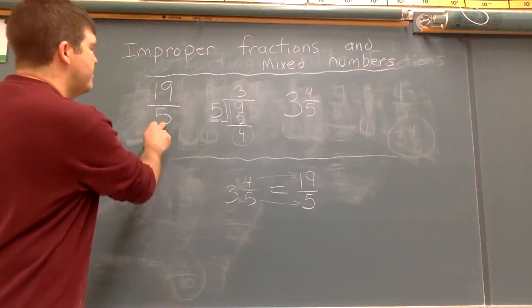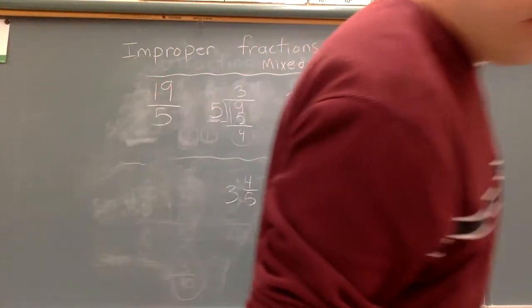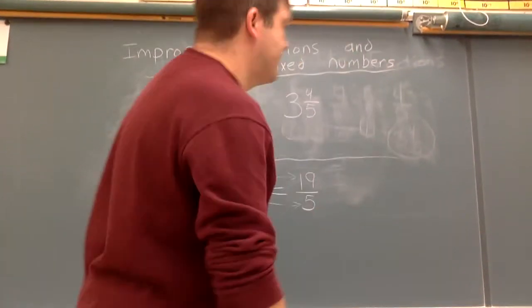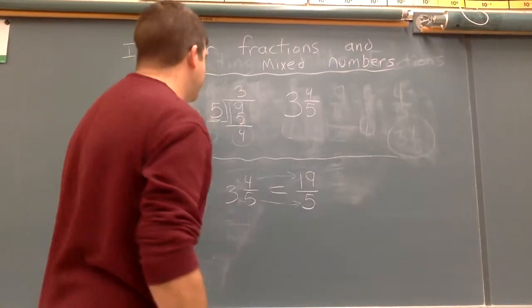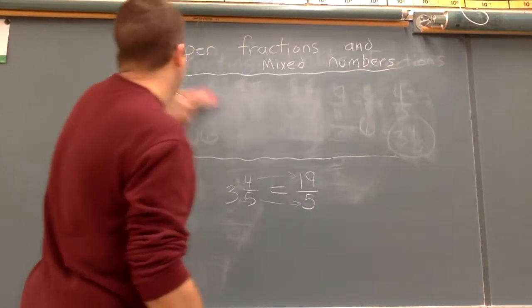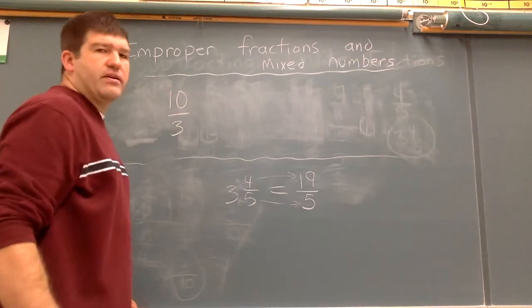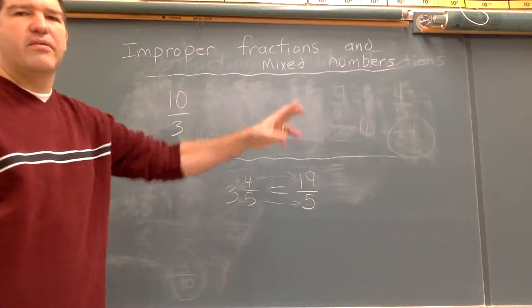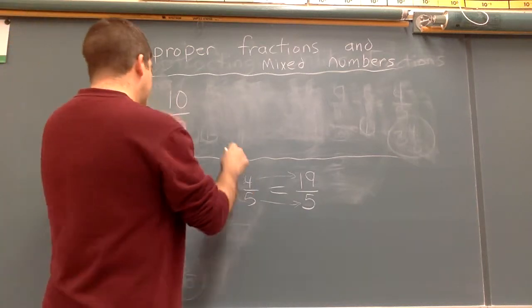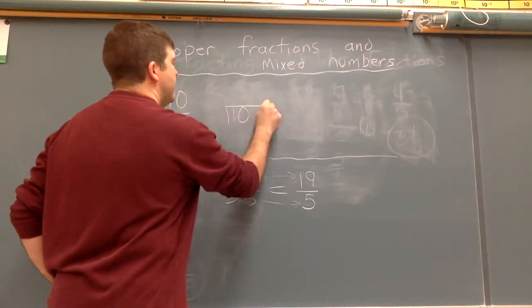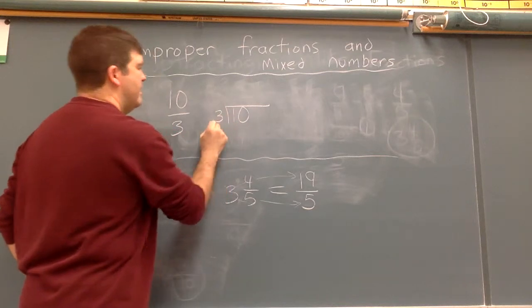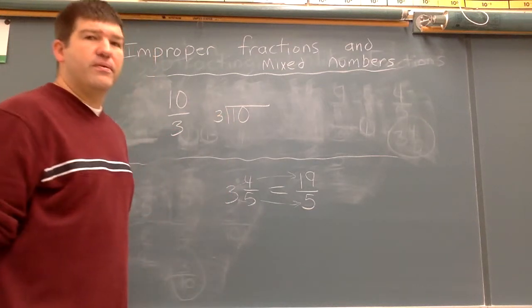Let me do one more this way. Let's see, what would be a good one? Let's do 10 thirds. 10 thirds. Now I could take 3/3 away and keep taking whole numbers away, but I want to divide it. So I want to put the big number there, and this is how many parts I need for a whole.